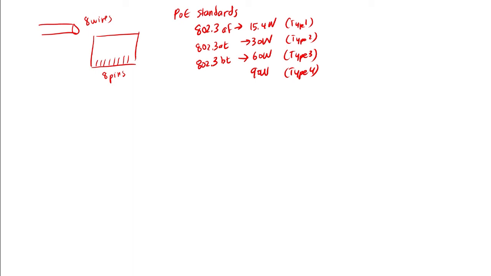So remember, we have 8 pins, 8 wires in our cable, and we use wires for 10 meg Ethernet and 100 meg Ethernet. We only use pins 1, 2, 3, and 6.